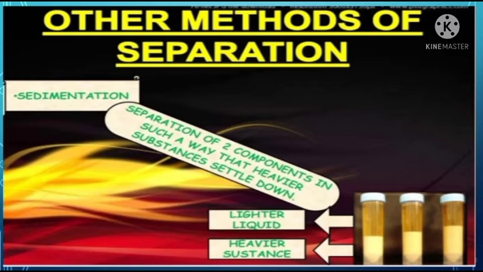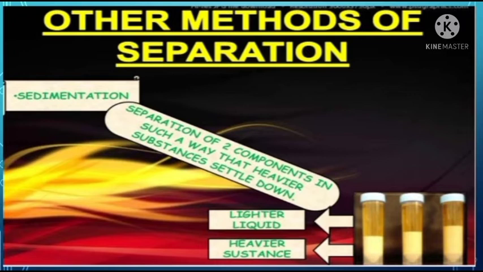What is meant by sedimentation? Sediment means insoluble impurity or dirty waste. This separation process is called the sedimentation process. The mixture has two components in such a way that the heavier substance settles down in the liquid or solvent, and the lighter liquid floats on top of the test tube.